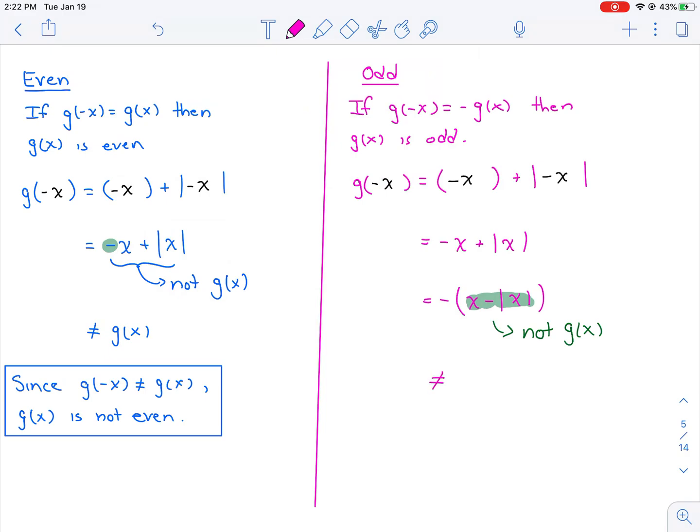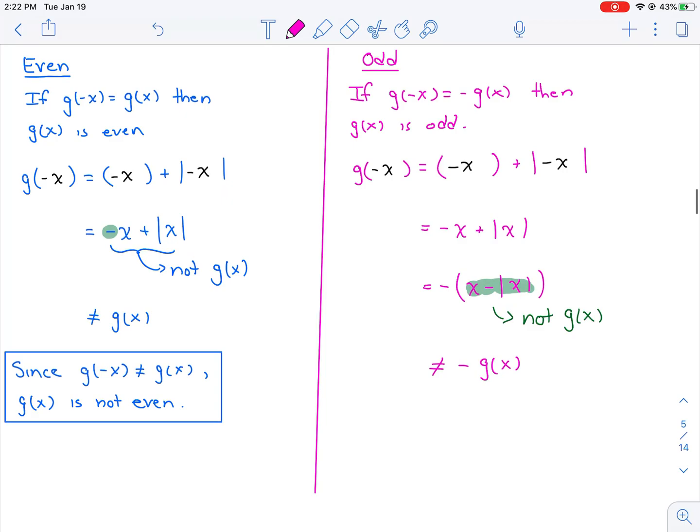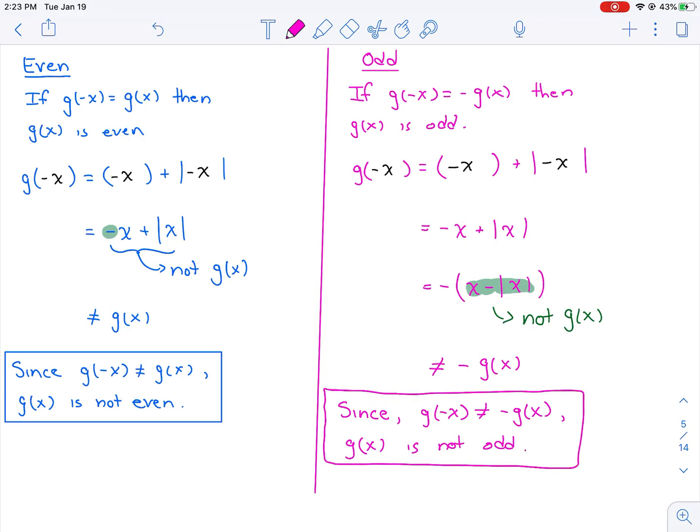So this does not equal negative g of x. So what we can conclude is that since g of negative x doesn't equal negative g of x, the function is not odd. So we can conclude that this function is neither even nor odd.